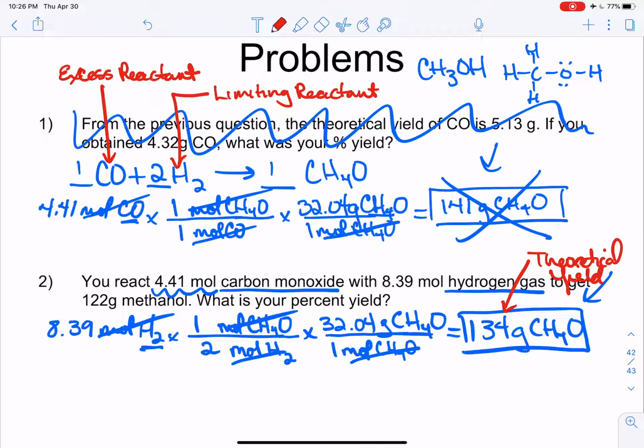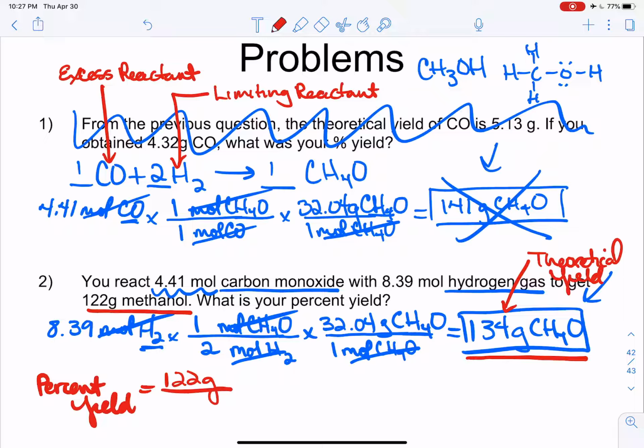That is our 100%. So if we do the reaction in the lab and we make 122 grams, and we could have possibly made 134 grams, then that means that our percent yield is 122 grams divided by 134 grams times 100.